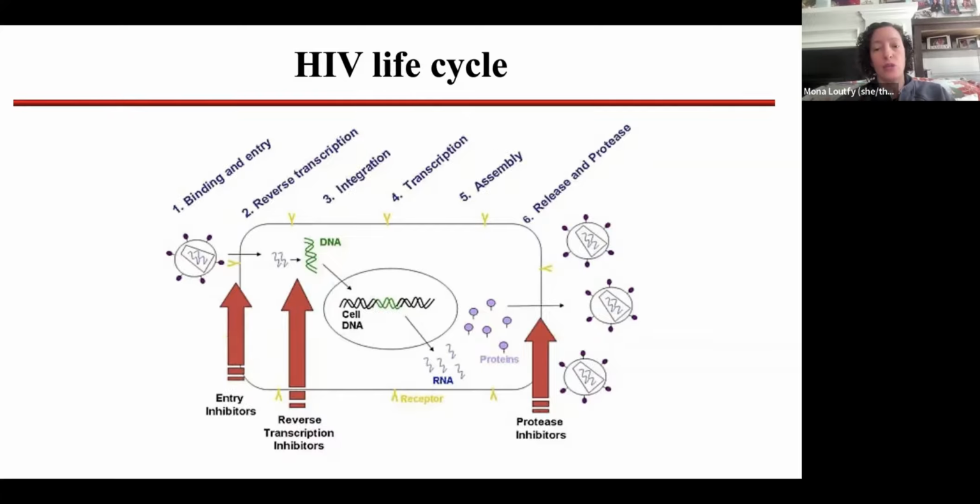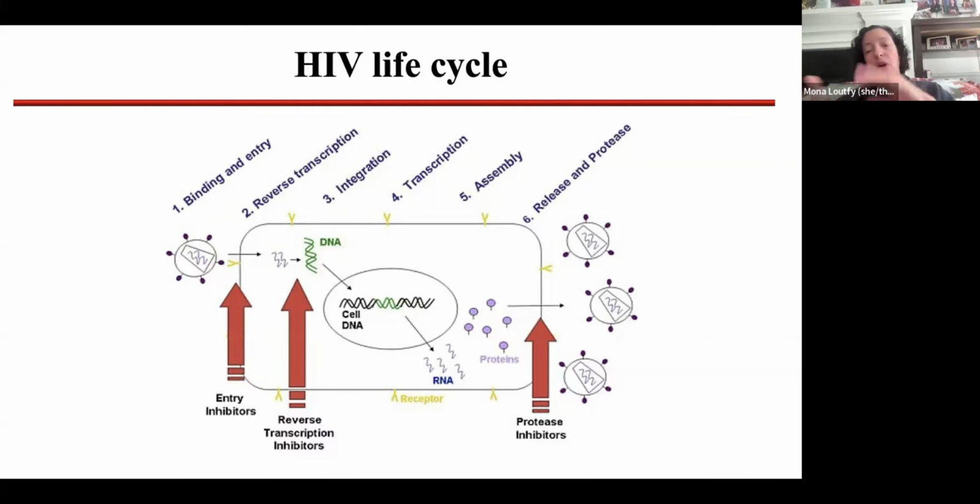You can see the new blue RNA there, and then the protease enzyme and the integrase enzyme. The RNA gets translated into proteins, and then it gets cut up by protease. The integrase is involved with the integration into the human DNA.